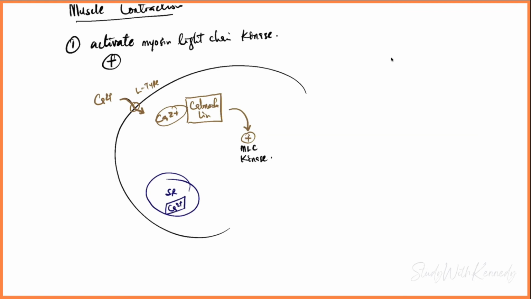It can release calcium from within it, and this calcium will bind to calmodulin to form a calcium calmodulin complex, and ultimately it will do the same thing. That is another way that could happen.